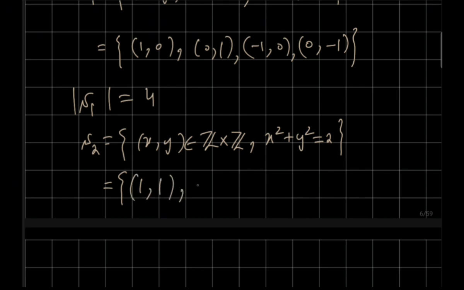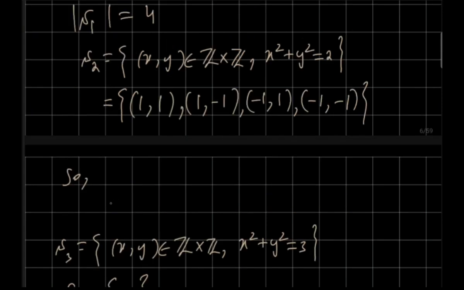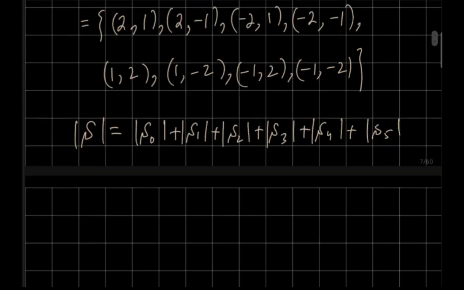So we have such ordered pairs: (1, 1), (1, -1), then (-1, 1), then (-1, -1). Since we have only 4 ordered pairs in S2, the cardinality of S2 is also 4.